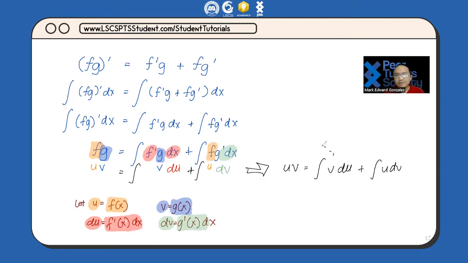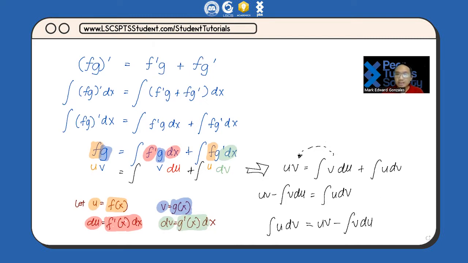So we just transfer this here, transpose, and we will get uv minus the integral of v du is equal to the integral of u dv. And we just switch both sides and we get the familiar form. The integral of u dv is equal to uv minus the integral of v du.